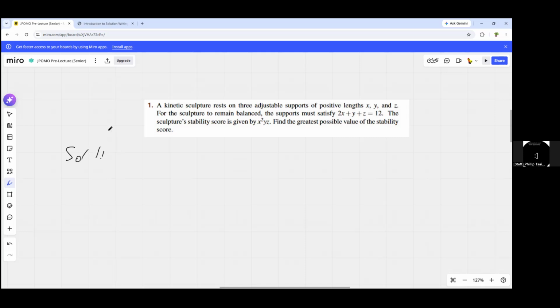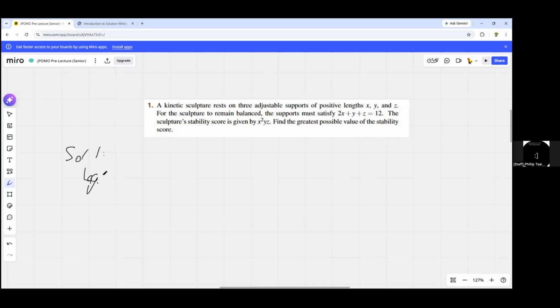So here's the first solution. Actually, it's not the solution I have in mind about derivatives, which uses Lagrange multipliers.